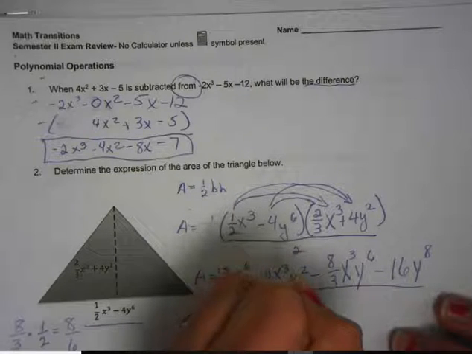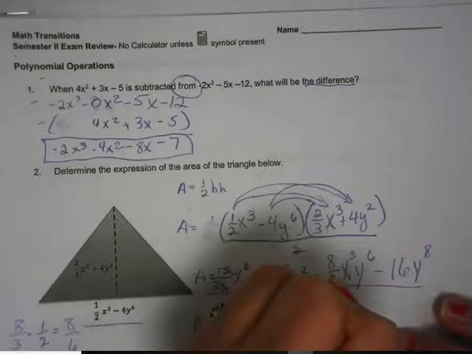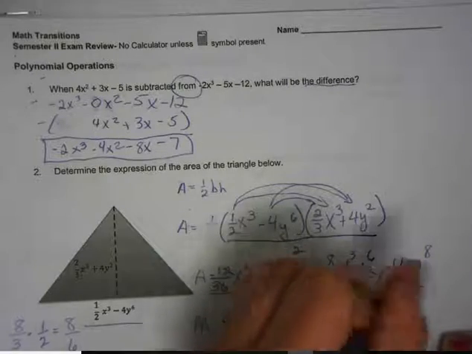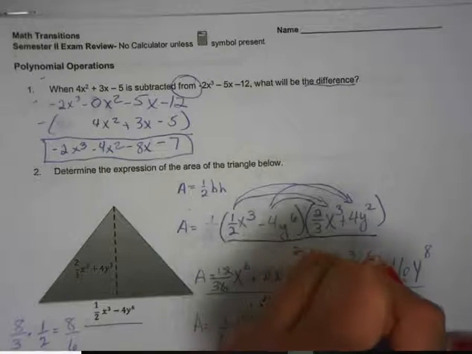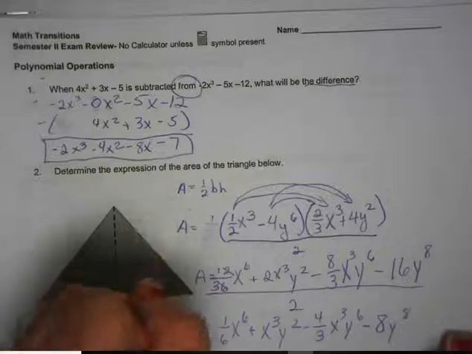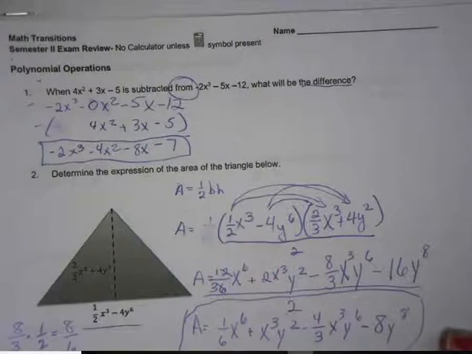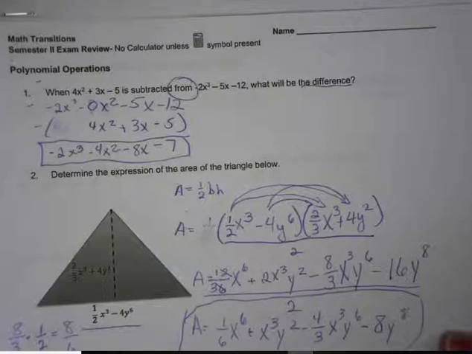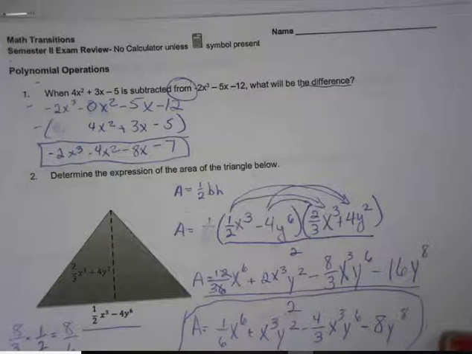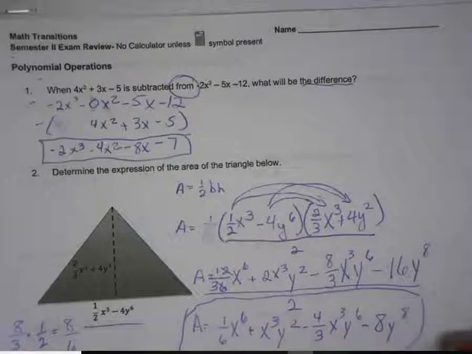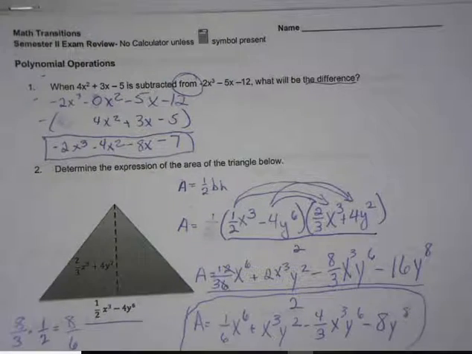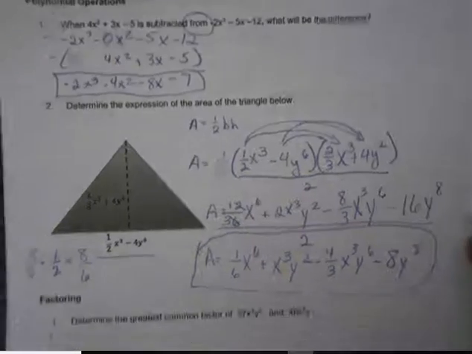So 4/3 x cubed y to the 6th. And then 16 divided by 2 is 8, and then y to the 8th. So the answer is a grand total of 1/6 x to the 6th plus x cubed y squared minus 4/3 x cubed y to the 6th minus 8y to the 8th. A little bit tedious, but it is what it is.